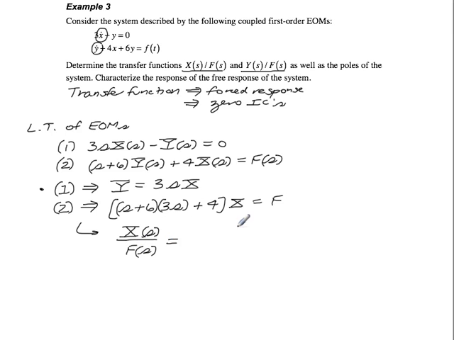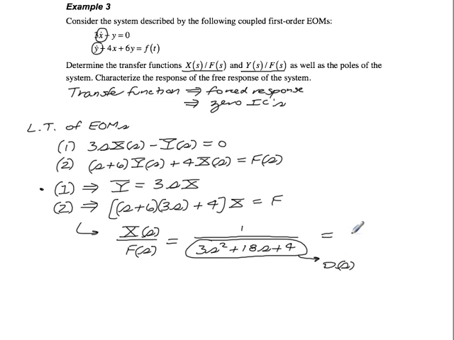So that's going to be equal to 1 divided by 3s squared plus 18s plus 4. This is our denominator of interest. This is d of s, and this, of course, is what we define as our transfer function.